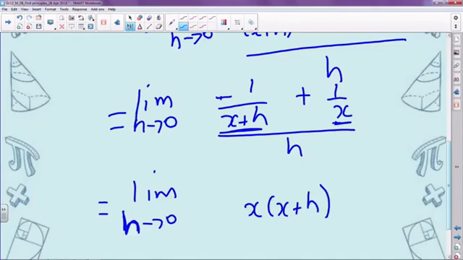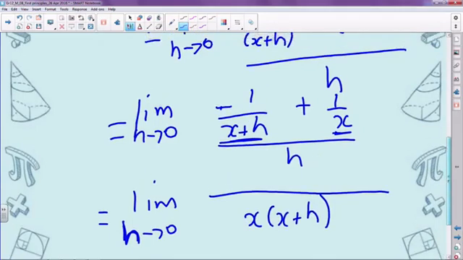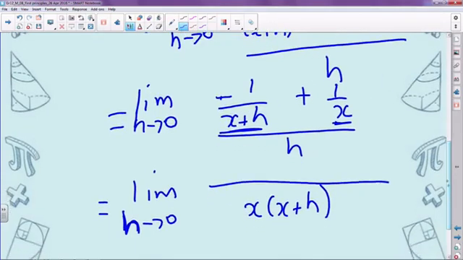If you're having problems with this, guys, this is really your fractions from grade 10. It's not calculus if you're struggling at this point. So my denominator in the numerator, if that makes sense, is going to be x times x plus h. And that means I need to multiply the minus 1, which is already over x plus h, by x.